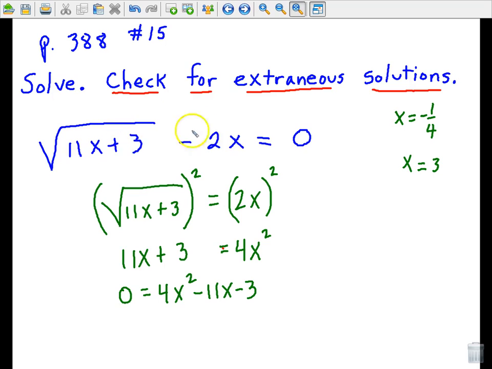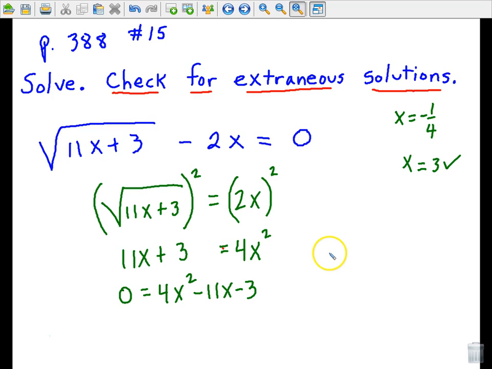If I let these 2 x's become 3, does the left side equal 0? Let's see. 11 times 3, 33 plus 3, square root of 36, 6 minus 2 times 3. Does that check? All right, so 3 is not extraneous.